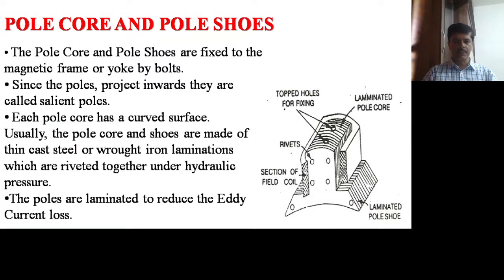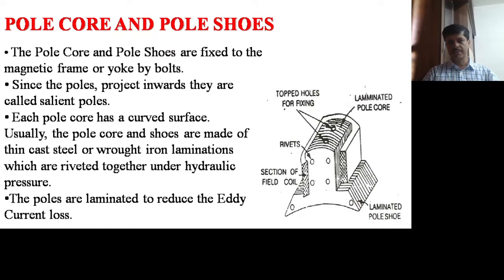The next important parts are the pole core and pole shoes. These two come under the field part. Both the pole core and pole shoes are fixed to the magnetic frame or yoke by bolts.